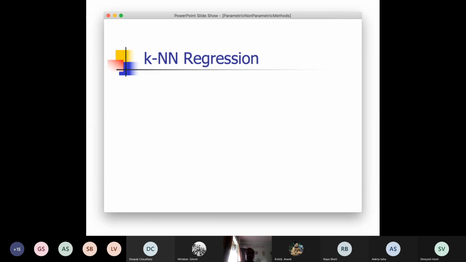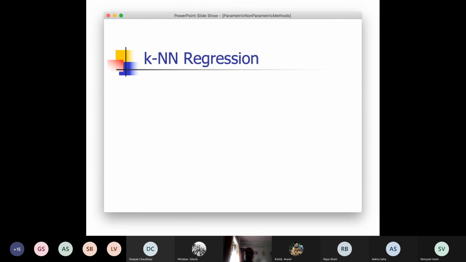So we continue our discussion on this. Basically, we are discussing now non-parametric methods of Bayesian classification, and there we discussed the classification problem earlier, where we saw how, using a non-parametric method, you can compute the probability density functions and use them for Bayesian inference.